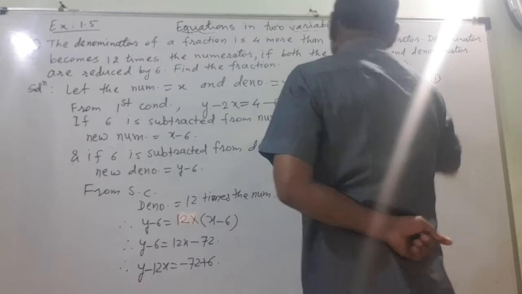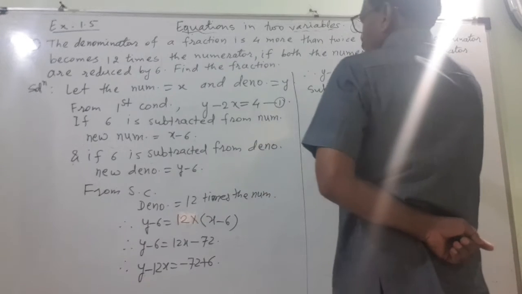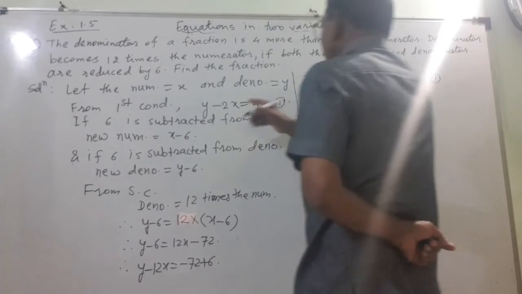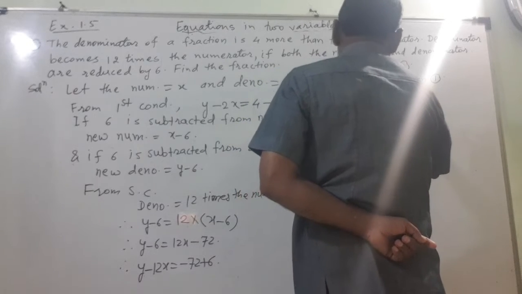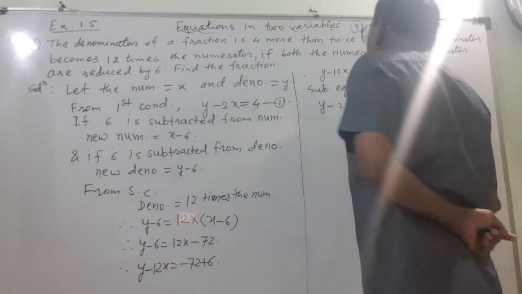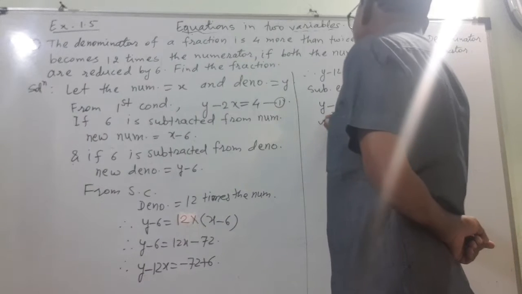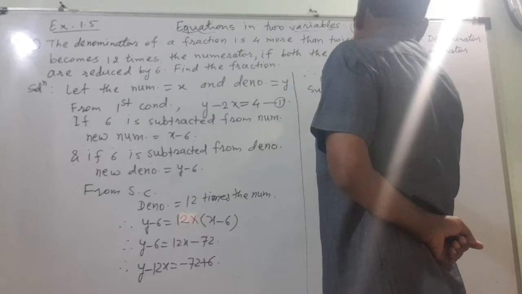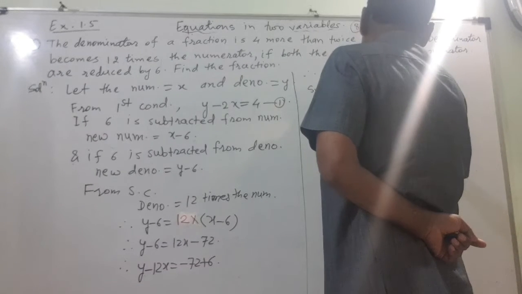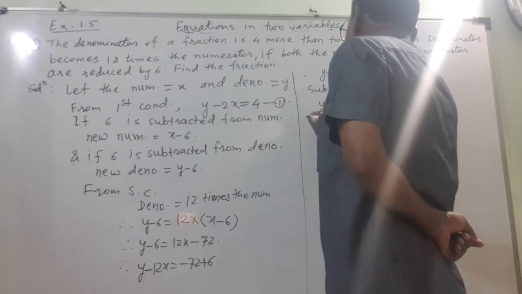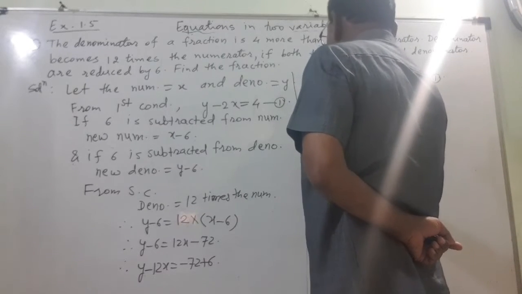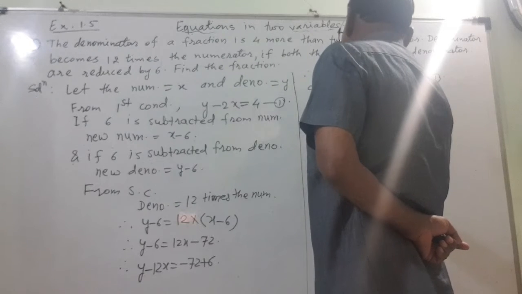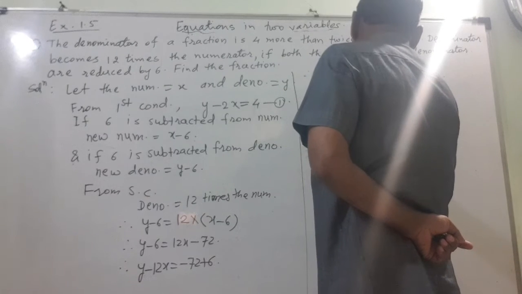Equation 1: y minus 2x is equal to 4. Equation 2: y minus 12x is equal to minus 66. I am subtracting this, so change the signs.